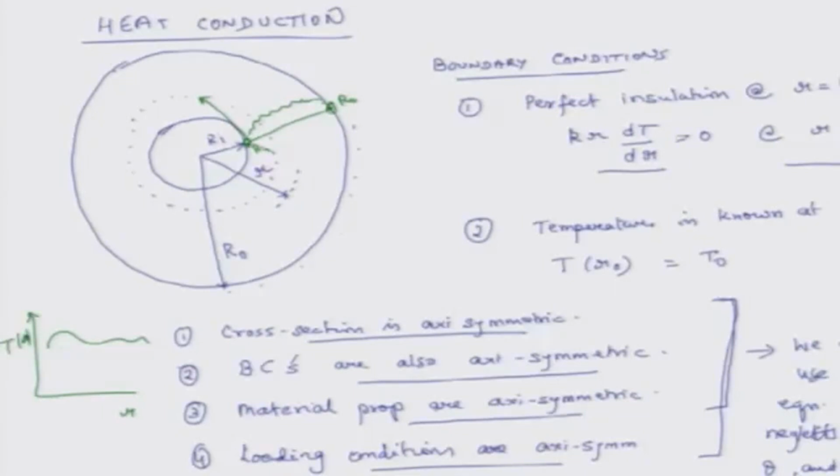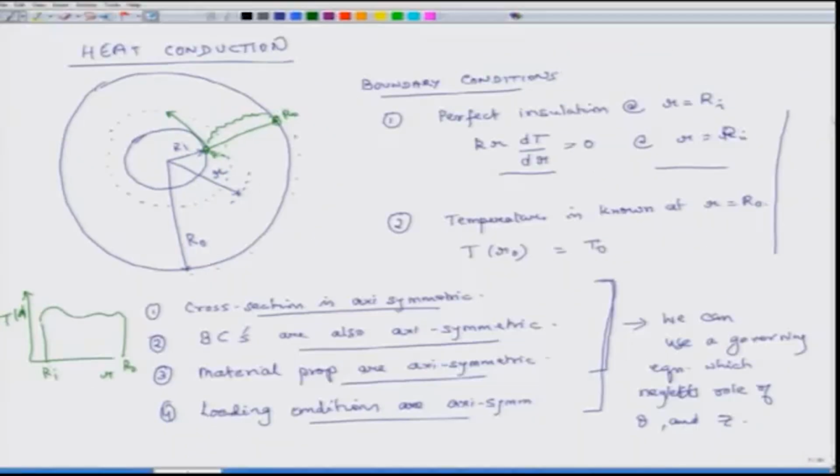of r, and the domain is Ri to Ro, inner radius to outer radius. Okay. My domain is, I am trying to compute the value of temperature for all values of r between Ri and Ro.